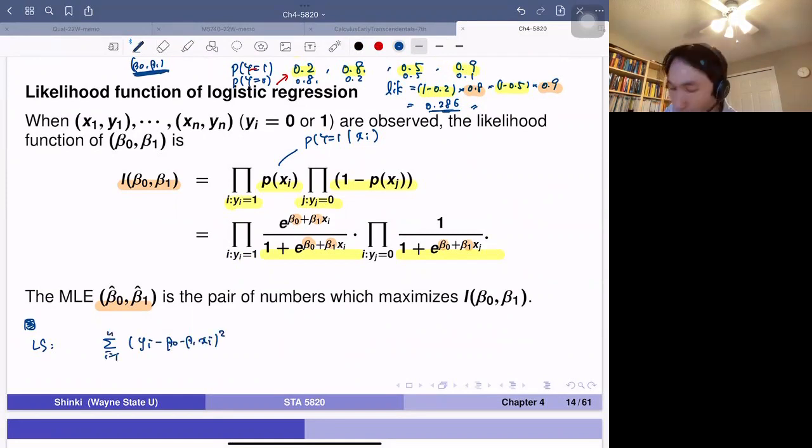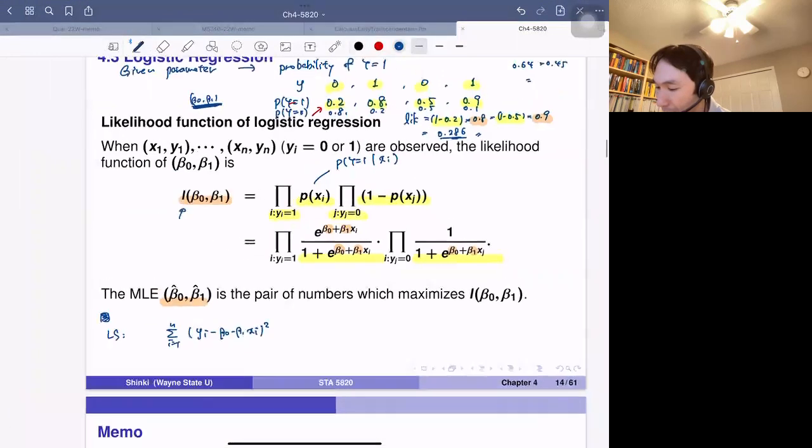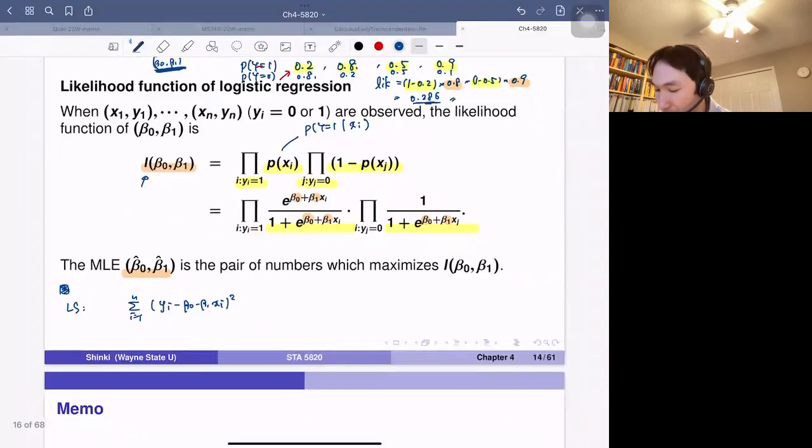This is just a quadratic function of beta naught and beta 1, so you can immediately get the minimizer. But to maximize the likelihood function, we have to solve a highly nonlinear optimization problem.